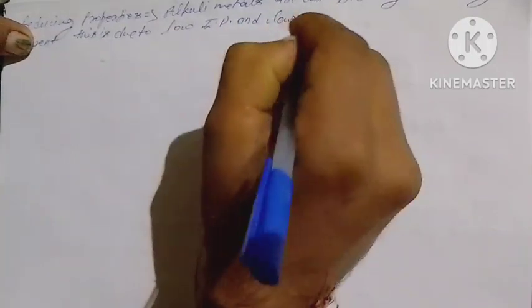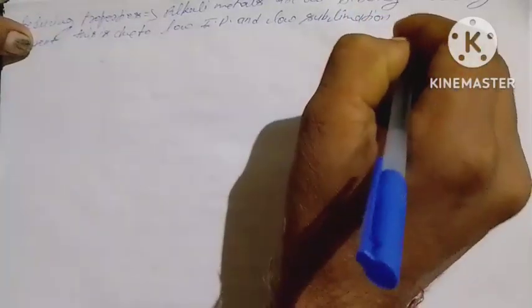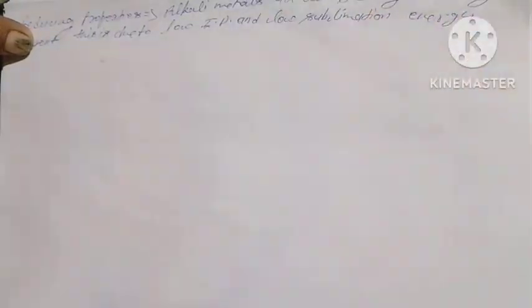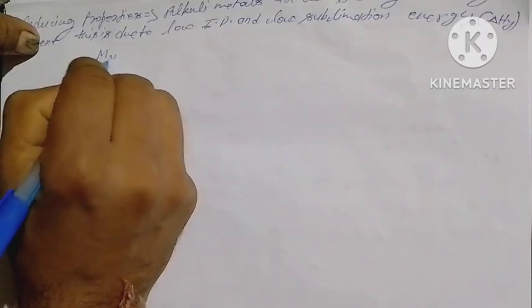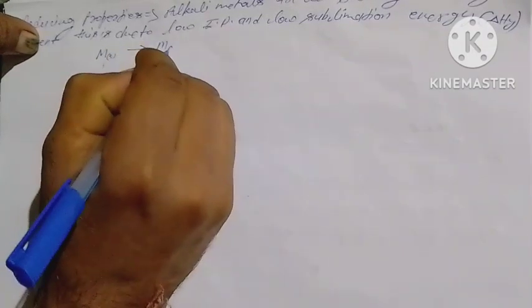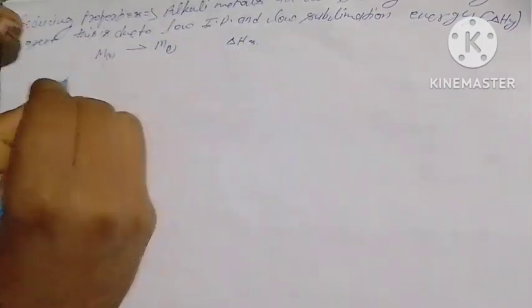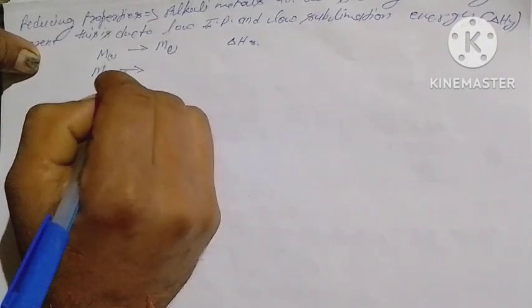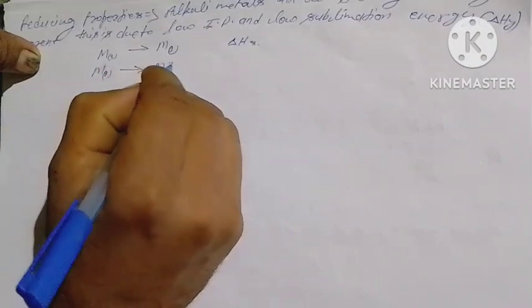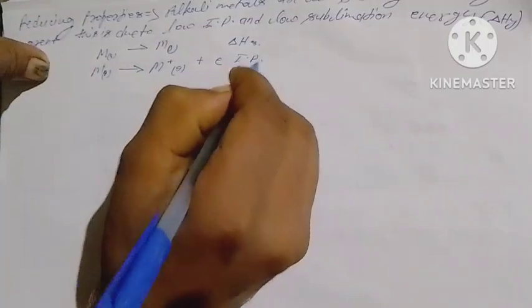M solid is converted to M gas, with delta H sublimation. Then M gas is converted to M positive gas plus electron, the ionization potential.